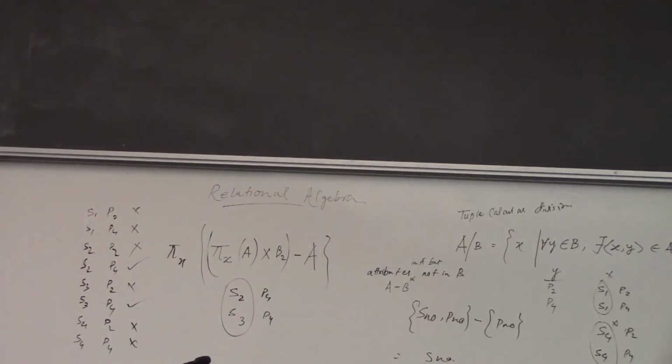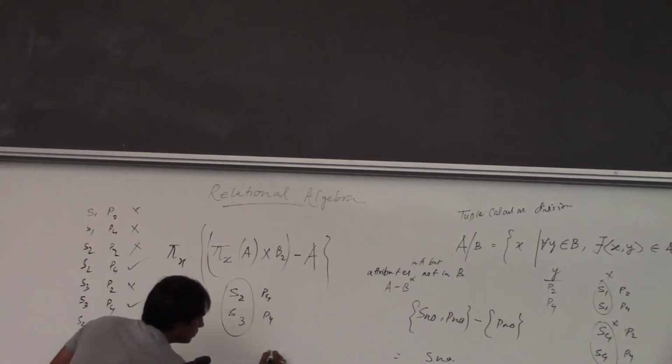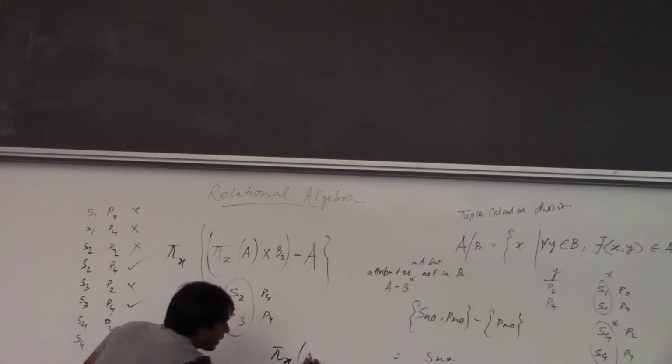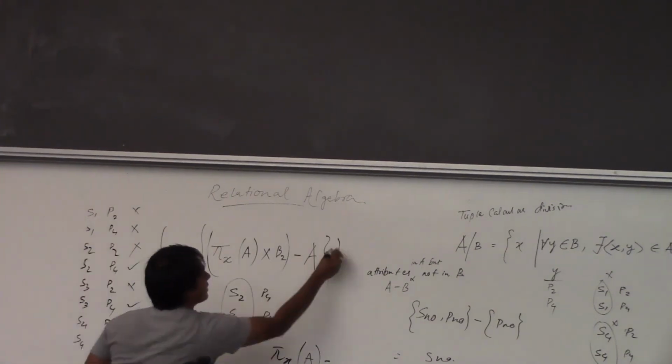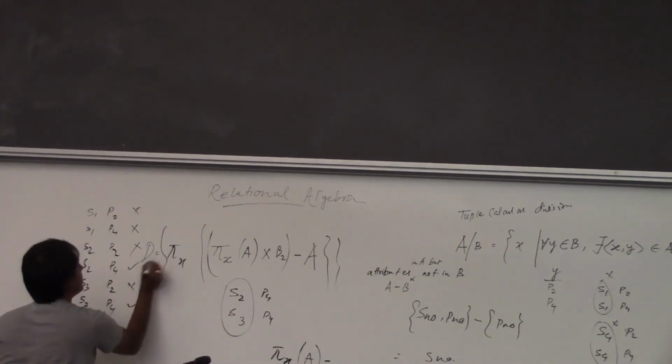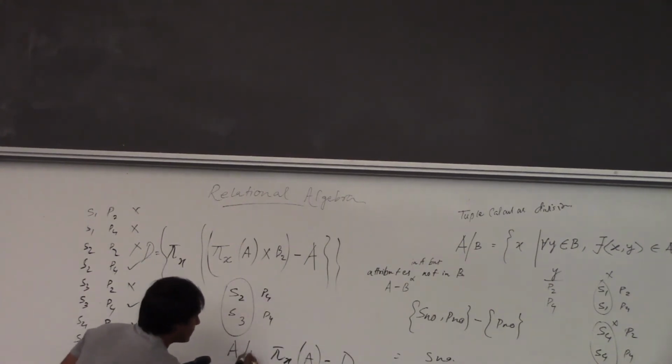So at last what we need to do? We just do this projection of x with A minus this part. Let's call this D, or the disqualifying elements, D. And this is exactly the result.